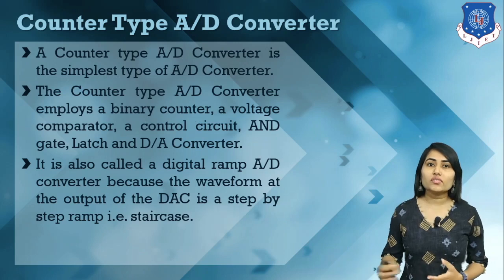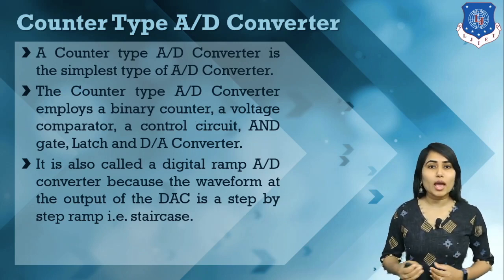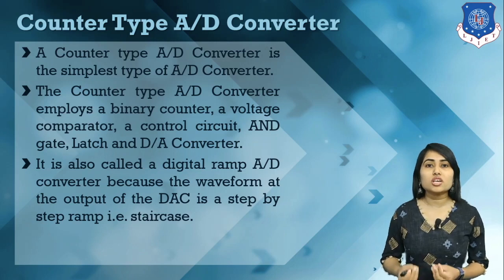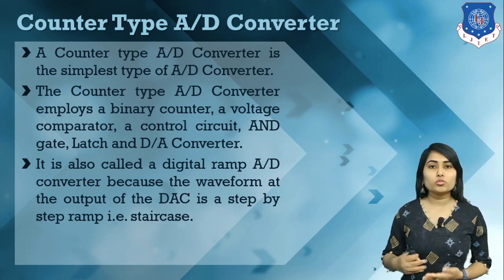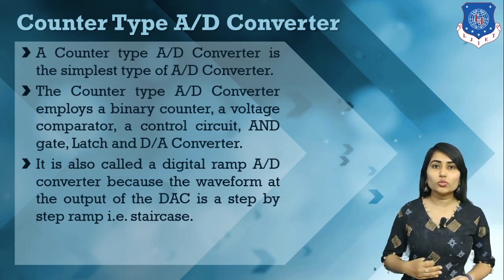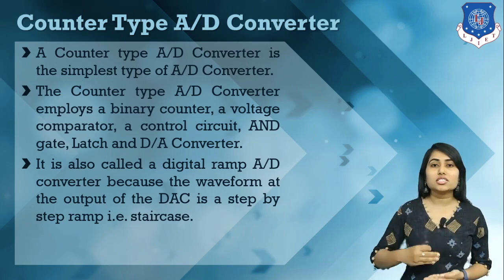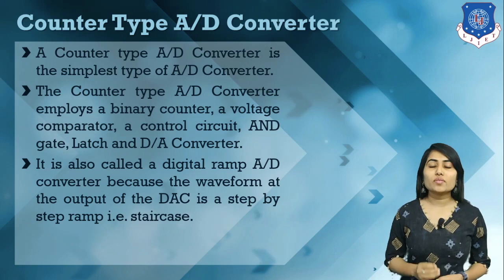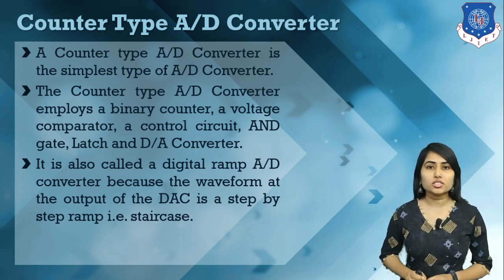That means we have approximated values which we calculated from the digital to analog converter. So the waveform of all these analog outputs is in the form of a staircase, that means step by step. That's why this is known as the digital ramp analog to digital converter circuit.